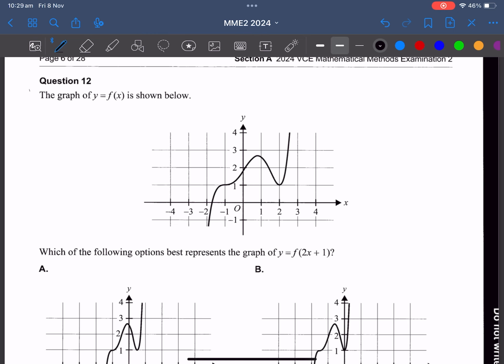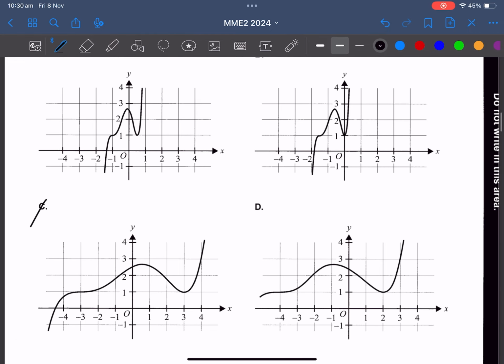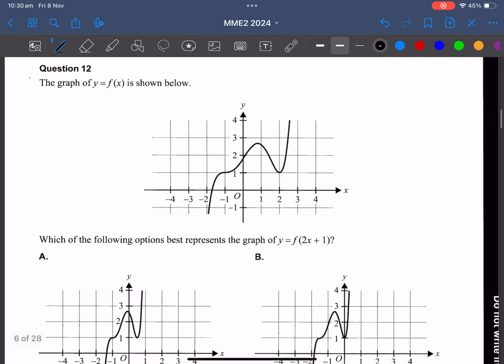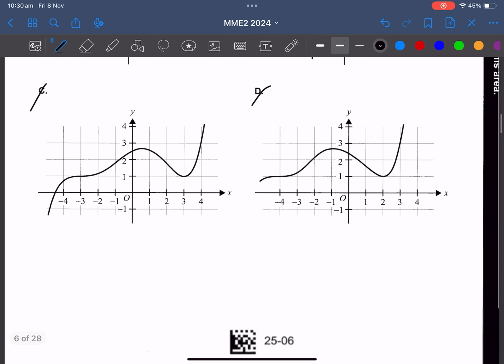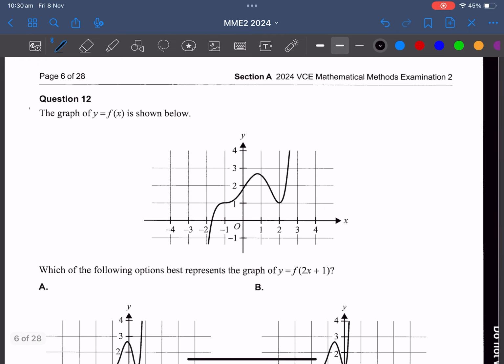Okay, anyway, so we got a graph here. Which of the following best represents the graph of this? Okay, it's definitely not going to be C and D because the graph is meant to shrink and not expand. So that is definitely out of the picture, which is good. Now, first it will shrink, so it will land somewhere here.